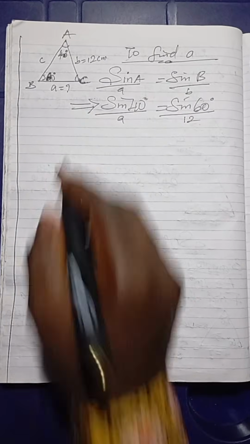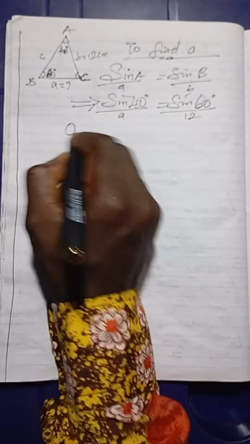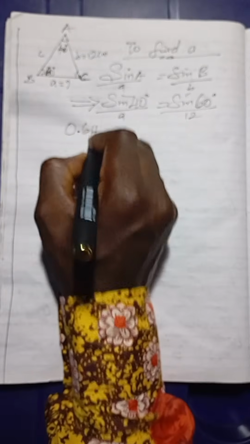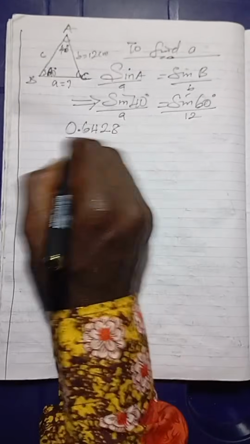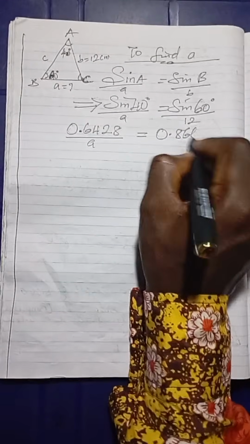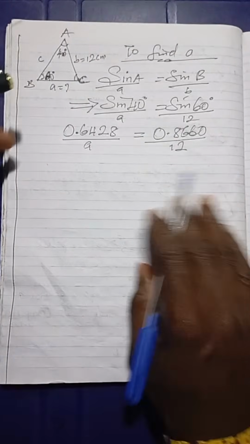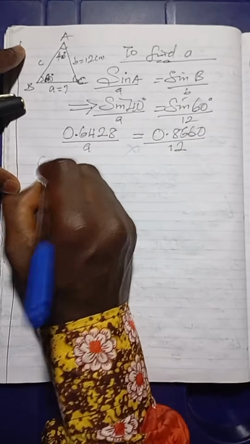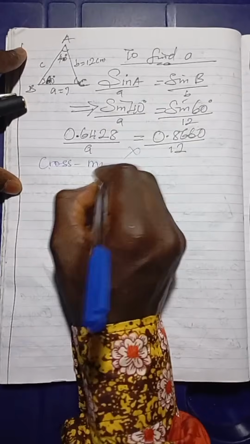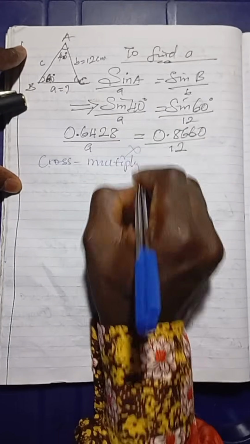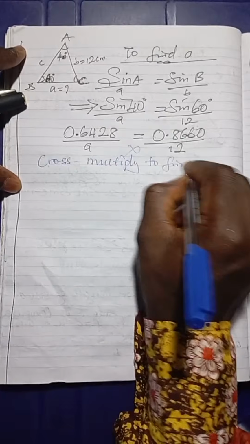Sine 40 degrees is 0.6428. So 0.6428 divided by a is equal to sine 60, which is 0.8660, divided by 12. So we can now cross multiply here to find a.